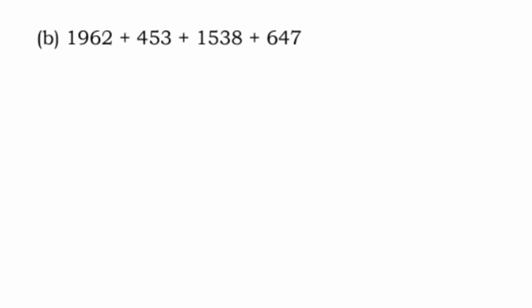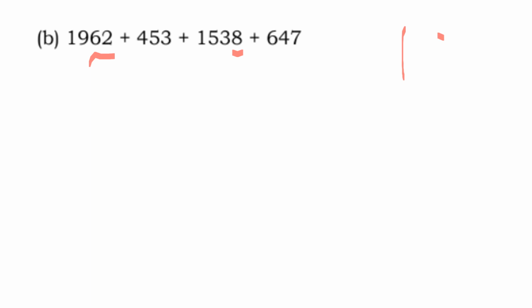Similarly, in the B part, again we have to arrange as such. I should get 0 at the end somewhere. So I can see that in the value here 1962, 2 is there, and here 1538, there is 8 here.